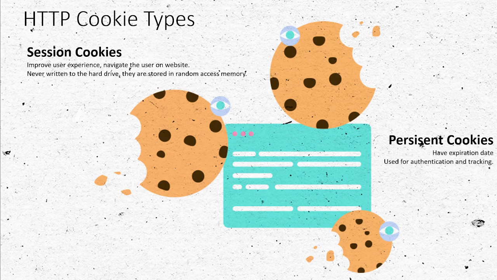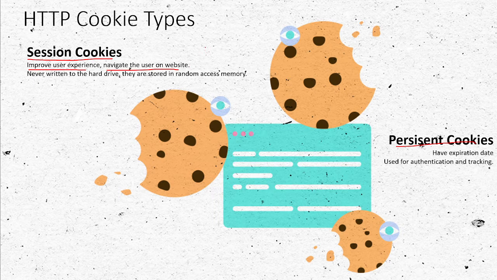There are some HTTP cookie types: session cookies and persistent cookies. As you can understand from the names of the types, session cookies are used only during the session time. After the session expires, the created cookies will be gone, and they are used to improve user experience and navigate the user on the website.